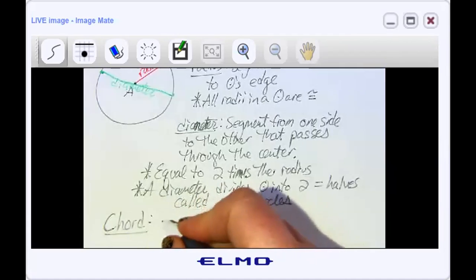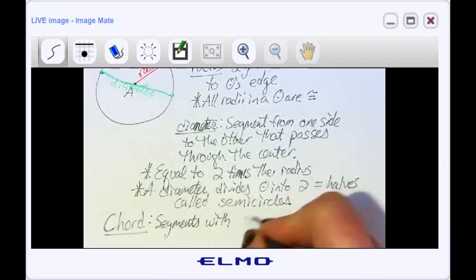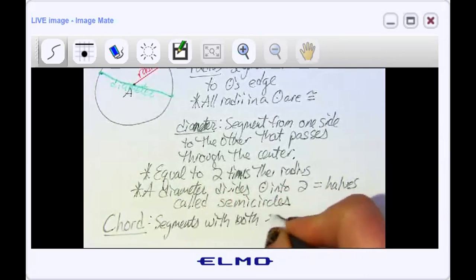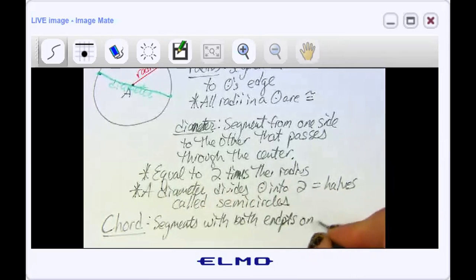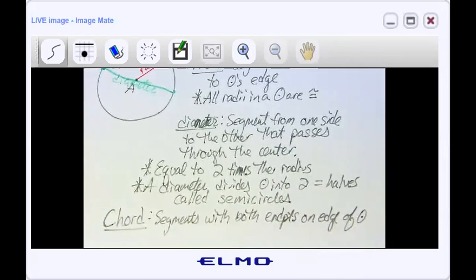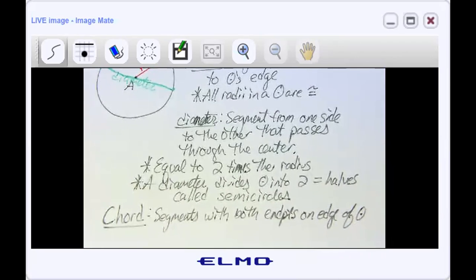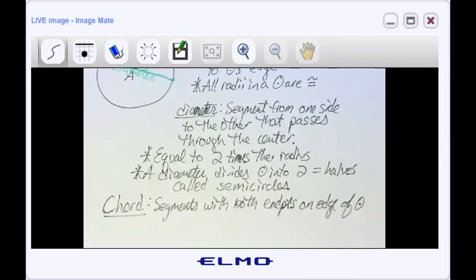So anyway, chord: segments with both endpoints on the edge of the circle. All right, so there's the definition, just so you have it, but we're not going to talk too much about them.